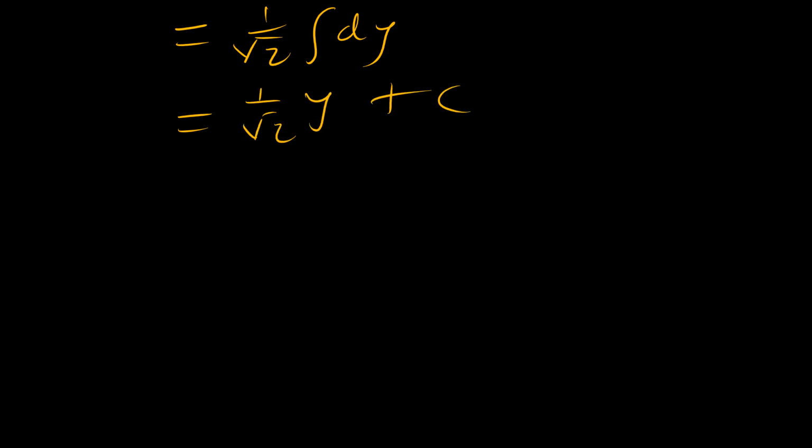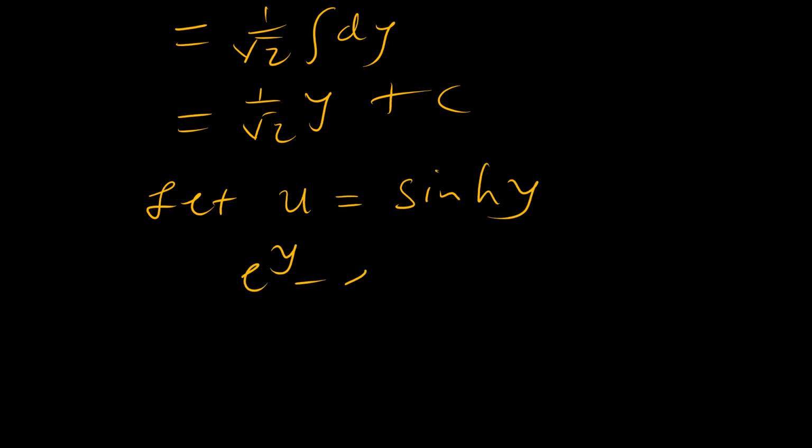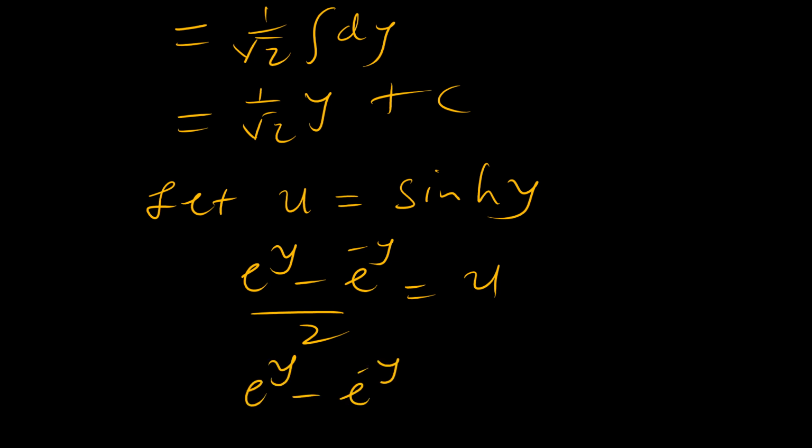But we had said that u is equal to sinh of y. So in other words, (e to the power y minus e to the power negative y) over 2 would be equal to u, meaning that e to the power y minus e to the power negative y equals 2u.